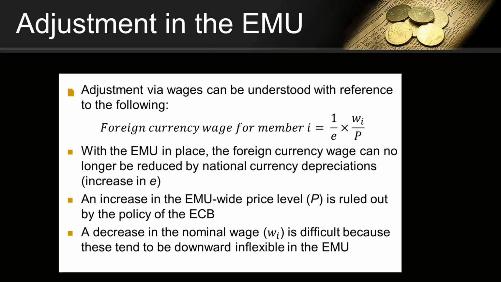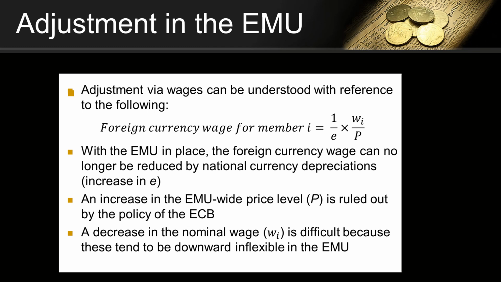With the EMU in place, the foreign currency rate can no longer be reduced by national currency depreciations. That means there will be an increase in the exchange rate. So the only thing they can do is to increase the EMU-wide price level or decrease the nominal wage. But an increase in the EMU-wide price level is ruled out by the policy of the ECB.